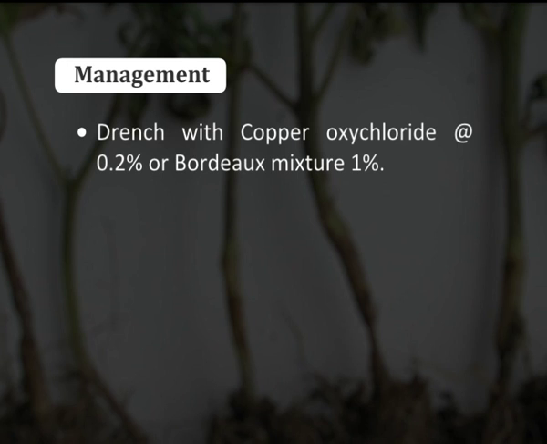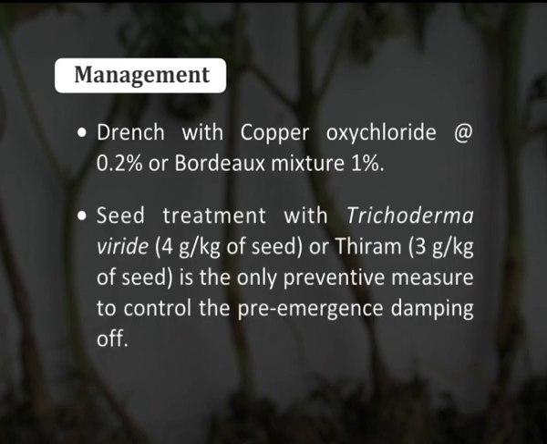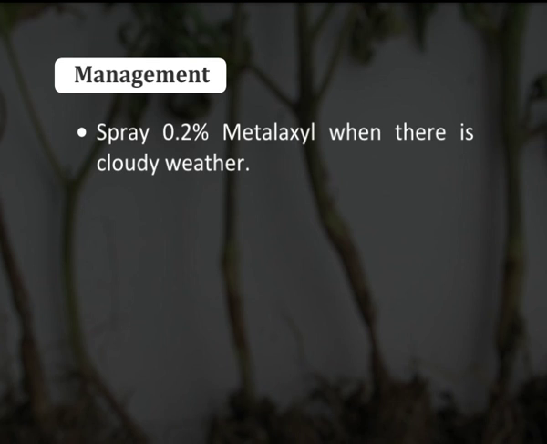Drench with copper oxychloride at the rate of 0.2% or Bordeaux mixture 1%. Seed treatment with Trichoderma viride 4 gram per kg of seed or Thiram 3 gram per kg of seed is the only preventive measure to control the pre-emergence damping off. Spray 0.2% metalaxyl when there is cloudy weather.